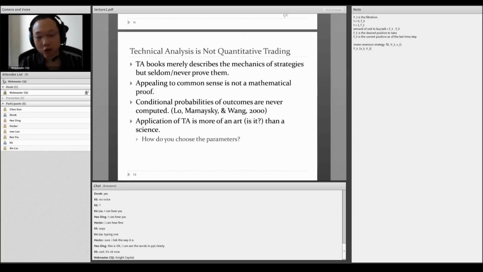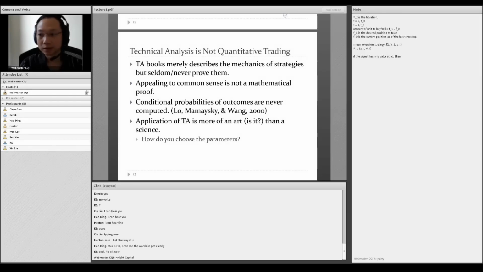Conditional on this trading signal, are the conditional probabilities of outcomes different from the unconditional probabilities? If any trading signal has any value at all, if it's making any prediction at all, then we should be able to see that the conditional probabilities are different from the unconditional probabilities when there's no such signal.